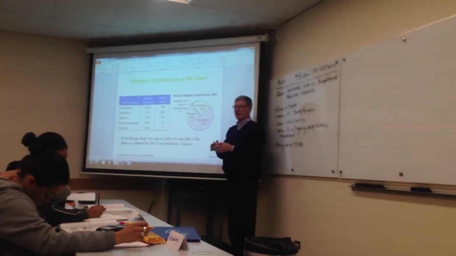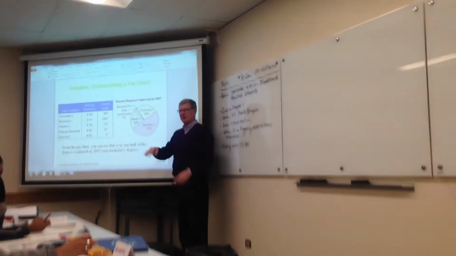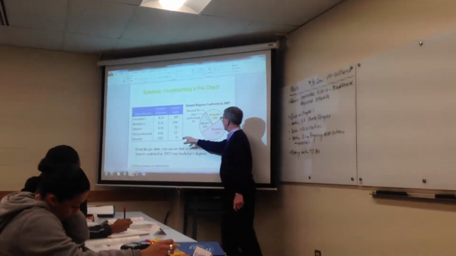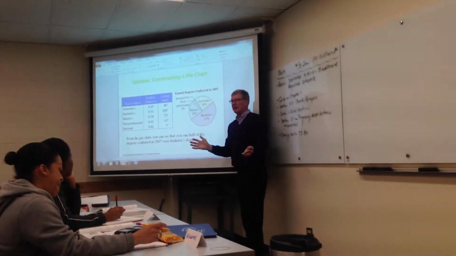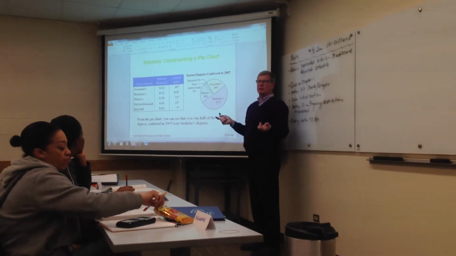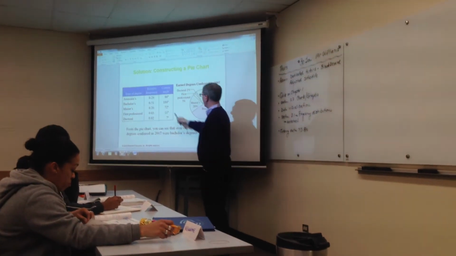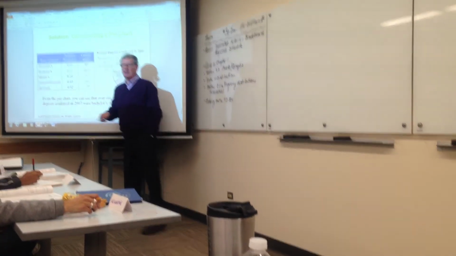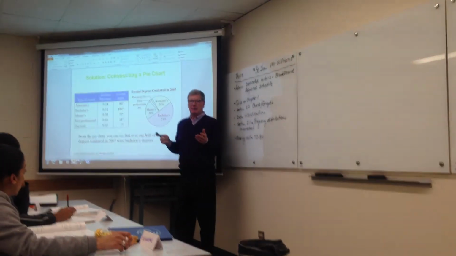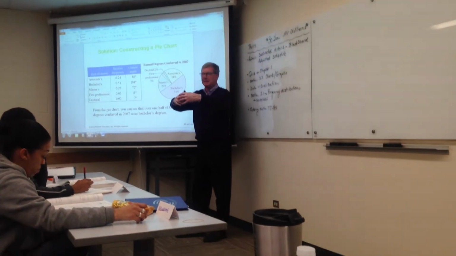You go to Excel or some software package, you just put in 24%, 51%, 20%, and it makes a nice circle for you. Now, you can really screw yourself up, though, if these don't add to what? 100%. They've got to add to either 1 or 100%, right? Because you've got one pie that you're slicing up.